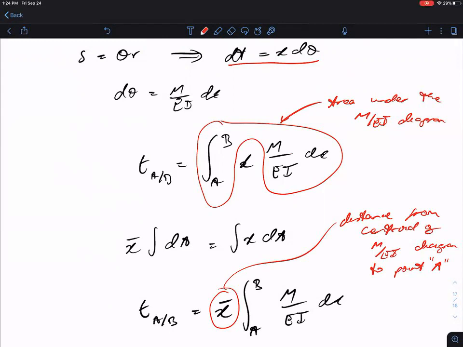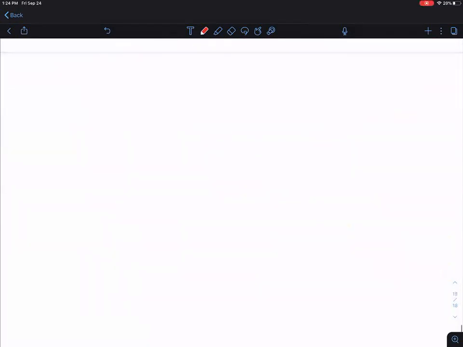So a couple of things to note. Again, if you have a positive M over EI area between A and B, then the tangent at point A is going to be above the tangent to the curve extended from point B. So let's try to visualize that.